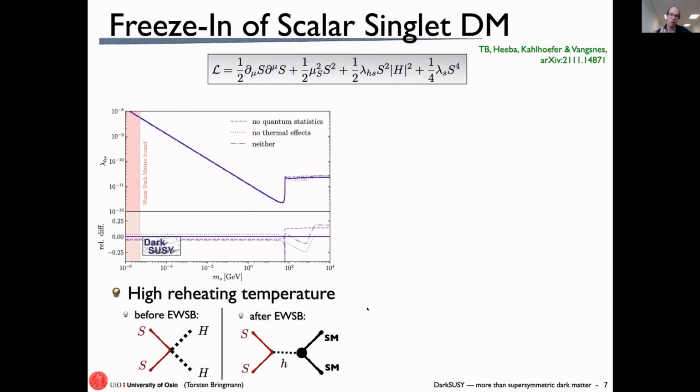Because you produce relativistic dark matter, you are sensitive to going beyond the Maxwell-Boltzmann assumptions, but also to other thermal effects. So we have included thermal masses for the standard model particles, thermal masses induced by the electroweak phase transition, as noted by these two figures, but also the QCD phase transition. You see that both effects are about equally important.